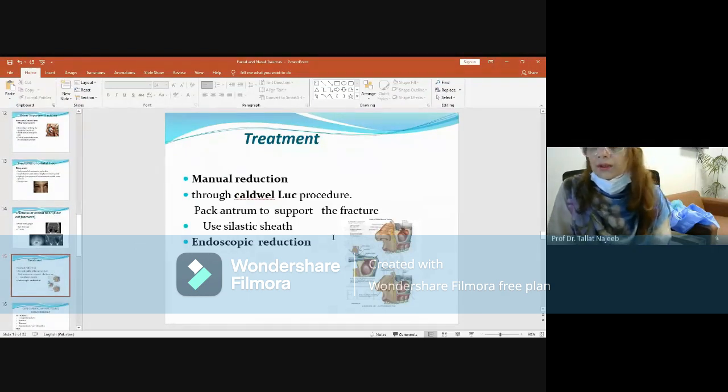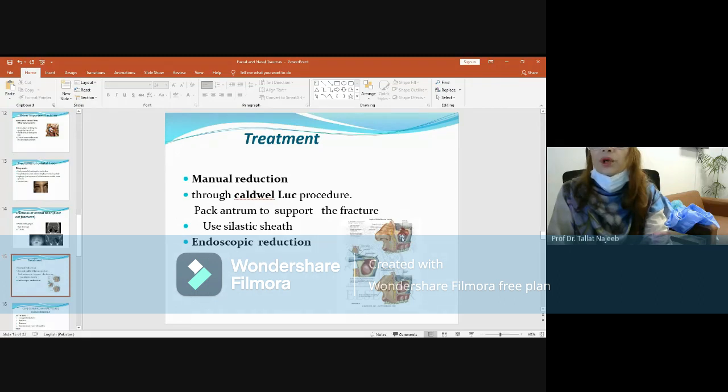So treatment is done manually by Caldwell-Luc procedure. In this procedure, we will give an incision, sublabial incision. Sublabial means beneath the upper lip, in the gingiva, a few millimeters above the alveolar margin. Mucoperiosteum is raised, and a 1 into 2 centimeter hole is made into the anterior wall of maxillary sinus, like in this.